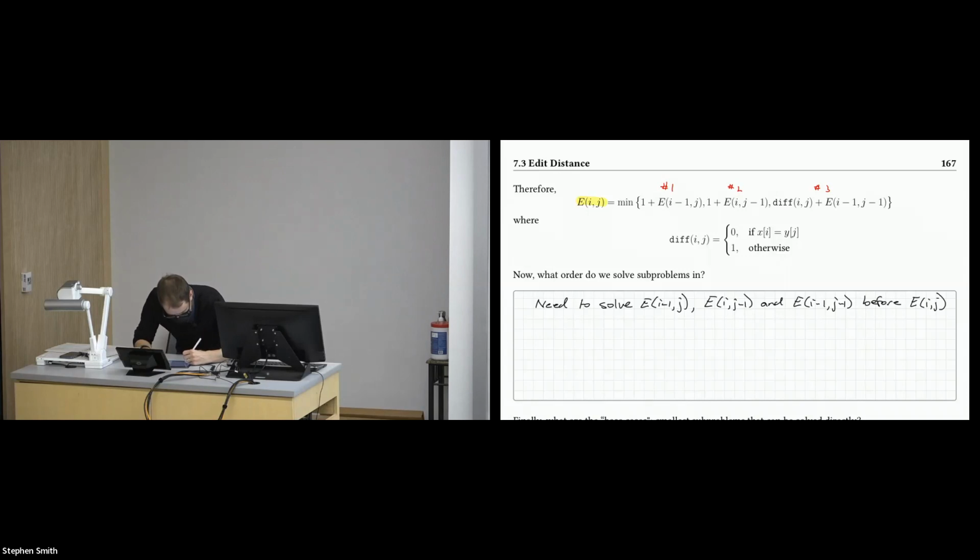So if you think of this table, to solve this ijth entry here, I need these three solutions, right? I need this one, which is this one and this one. Or let's say this is the ith row and the jth column.